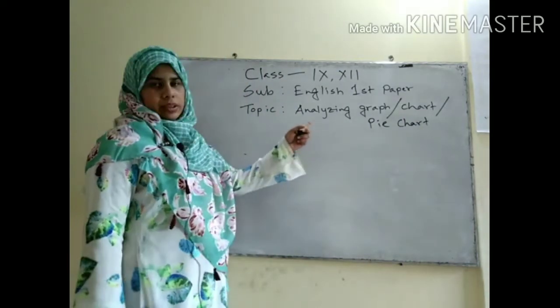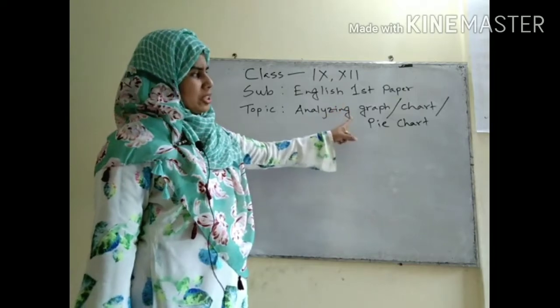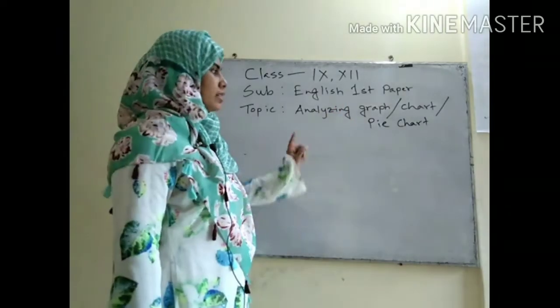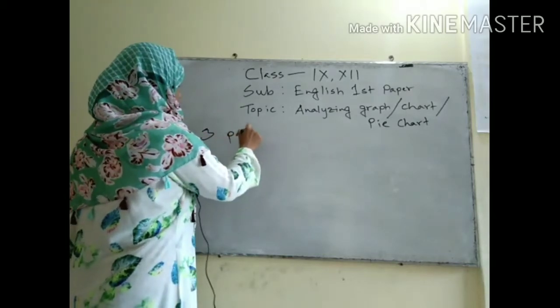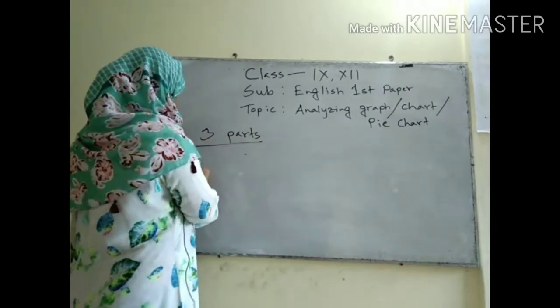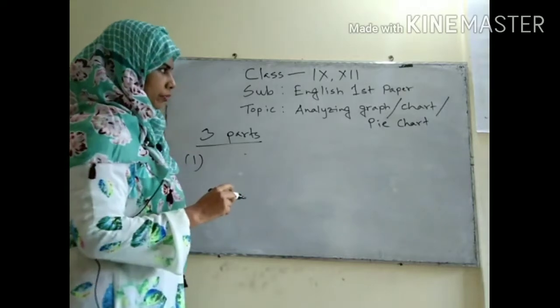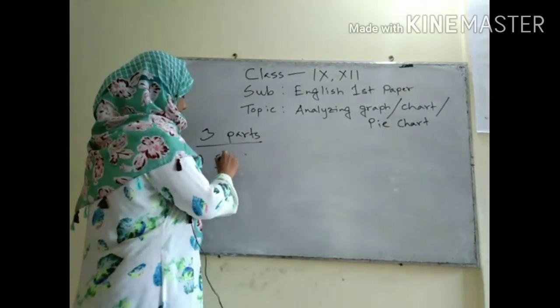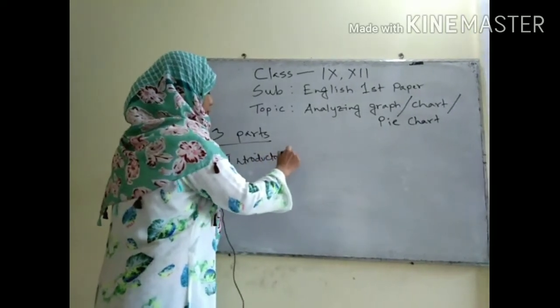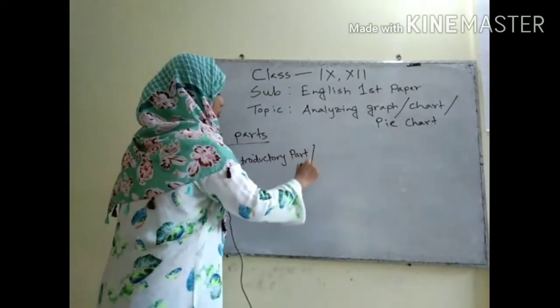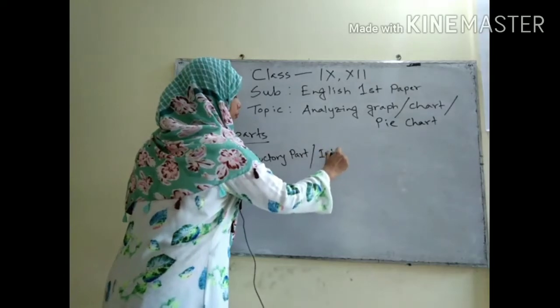Every chart, whether it is a bar chart or a pie chart, has three parts. First one is the introductory part, or introduction.